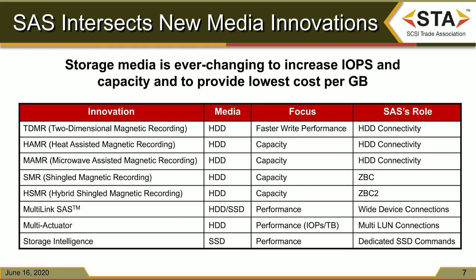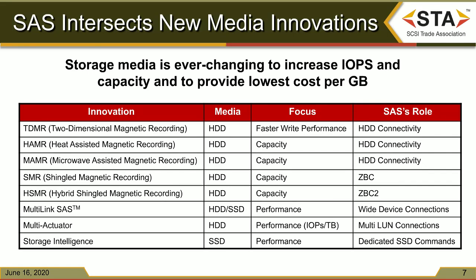Then there are the SMR flavors, SMR and hybrid SMR, supporting shingled magnetic recording and variants thereof. Again, both HDD technologies optimizing for capacity. And these are implemented, as I mentioned a moment ago, by the ZBC and ZBC2 command sets.